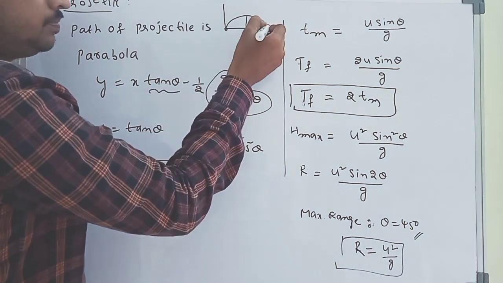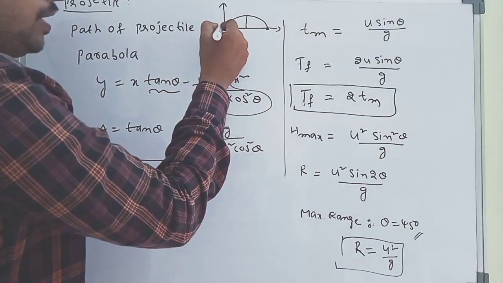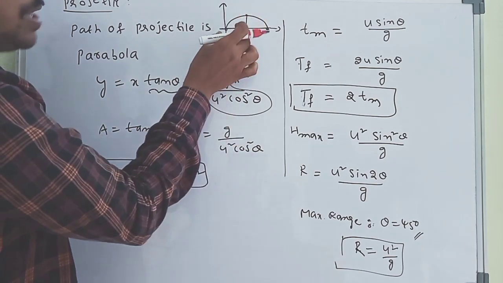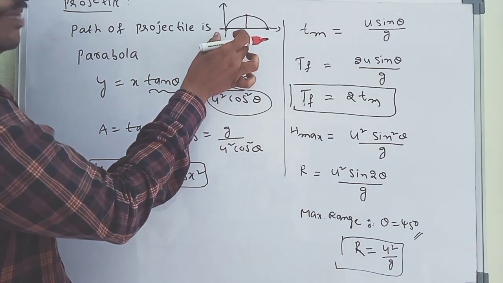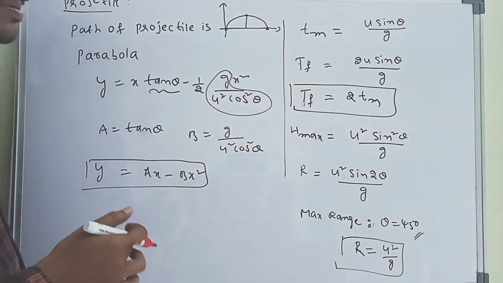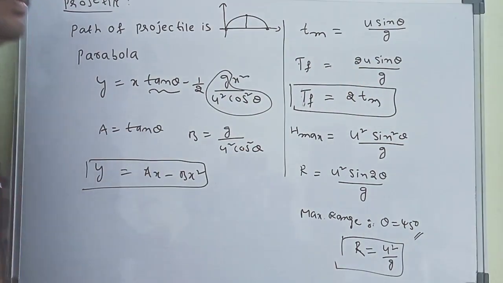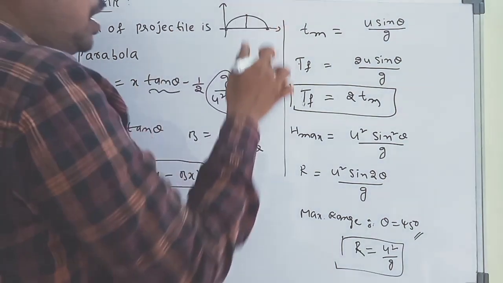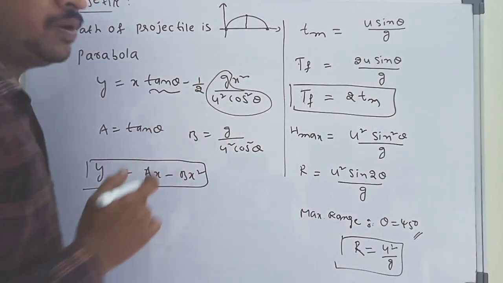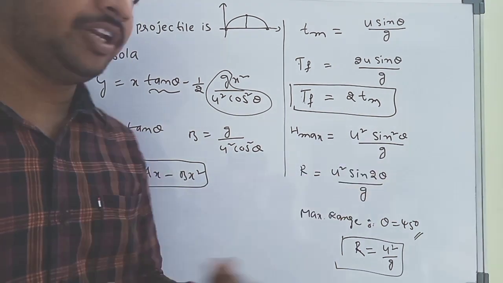Maximum time means the time taken by the projectile to reach maximum height, that is u sin theta by g. The remaining half is also u sin theta by g. So u sin theta by g plus u sin theta by g is 2 u sin theta by g. So total time of flight is 2 into maximum time. And H maximum is equal to u square sin square theta by 2g.